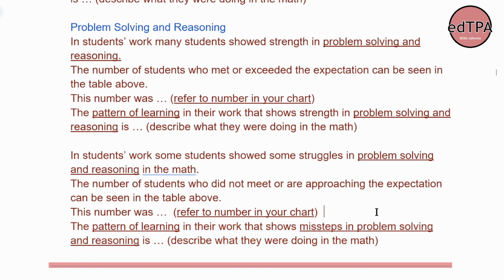So for problem solving and reasoning, you've got strengths, you've got reference to the table above, and you talk about a pattern of learning. For struggles, reference to the chart and a pattern of learning.